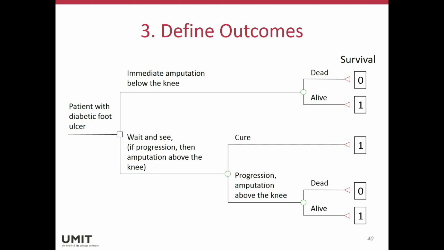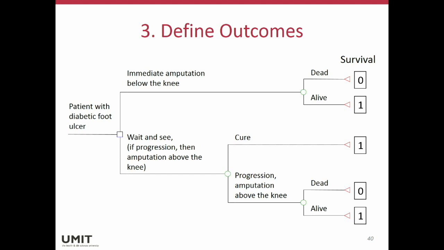These are numbers nobody had to measure. 0 is death, and 1 is survival. That would be different when we have to elicit utilities or quality of life numbers to make a different number for alive after immediate amputation below the knee and alive after immediate amputation above the knee. We're not doing that yet.